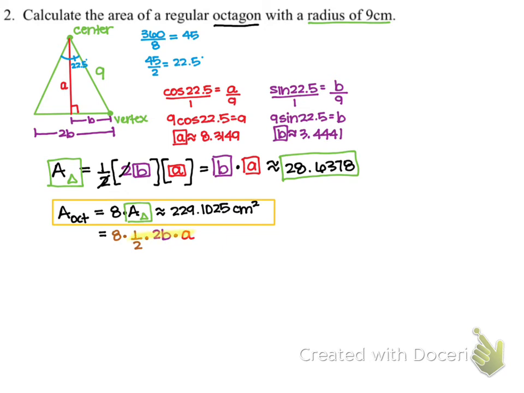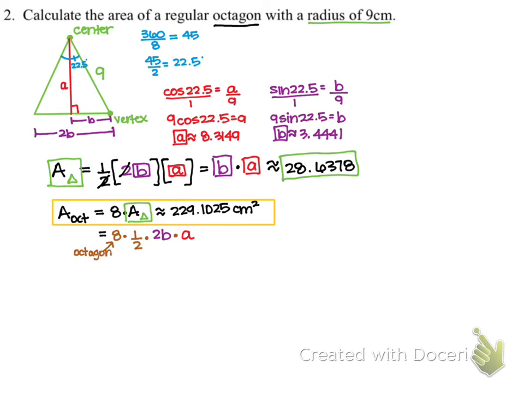Half 2b times a gave us the area of the triangle, just in general terms. So it's half the base, so double the length on the bottom of the right triangle, times the height, which is the apothem, and then 8 came from however many triangles we had. So 8 came specifically from the fact that this was an octagon. Okay.